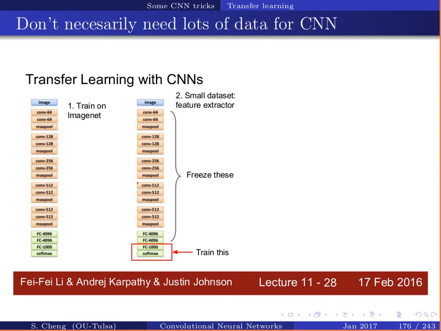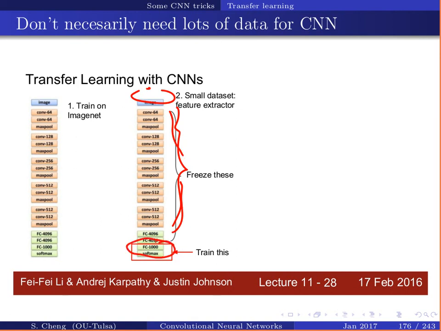Using those networks as a starting point, for example, if you have another problem, you can fix some of the parameters. Say you start with a simple AlexNet, and this is the input here. You can fix the earlier layers and only train the last layer.